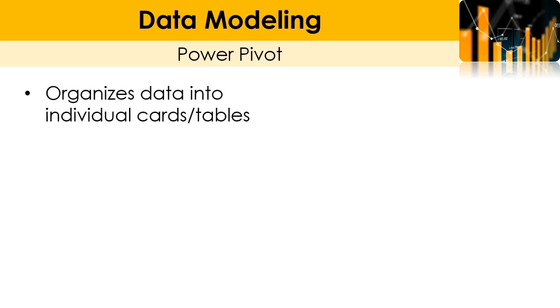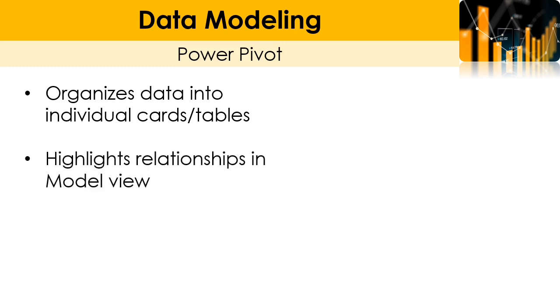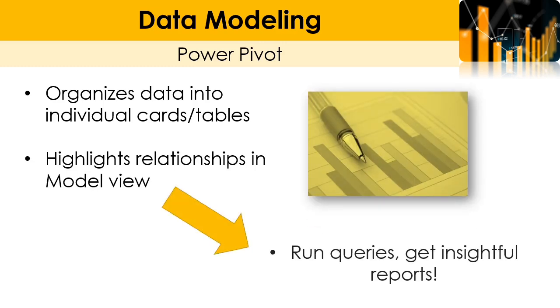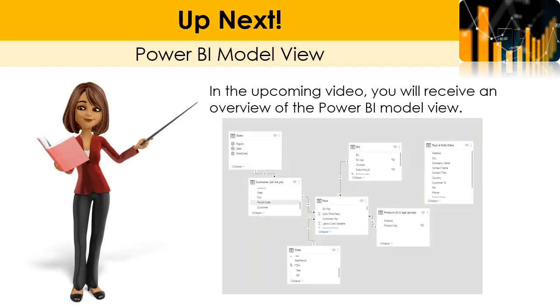By organizing your data into individual cards or tables and highlighting relationships that exist between them in the model view. From there, you can easily run queries based on overlapping criteria and come away with accurate, insightful reports. In the upcoming video, you will receive an overview of the Power BI model view.